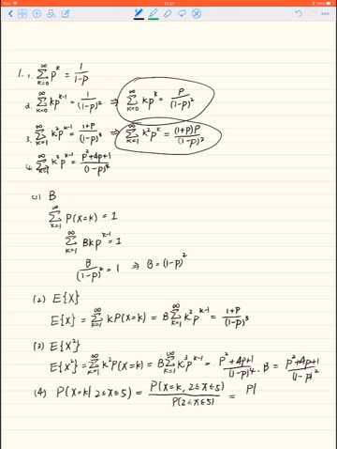That should be P(X equals k) for k in the range 2 to 5, divided by b times the sum for k from 2 to 5 of k times p to the power of k minus 1.